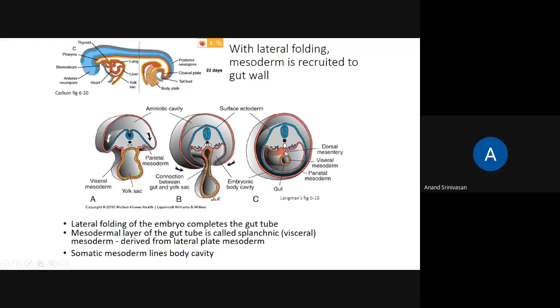So this is the dorsal mesentery. If this dorsal mesentery is absent, these organs are retroperitoneal. Retroperitoneal means that the dorsal mesentery is not present.